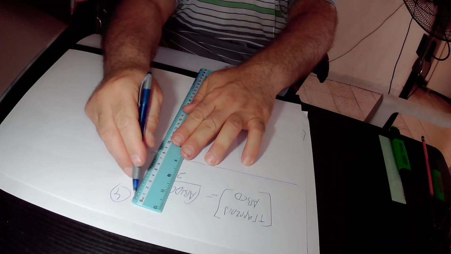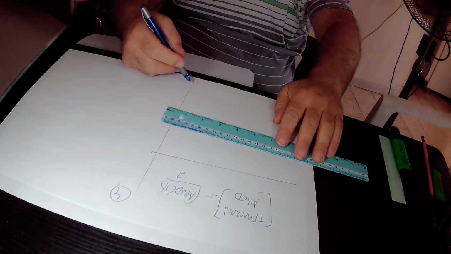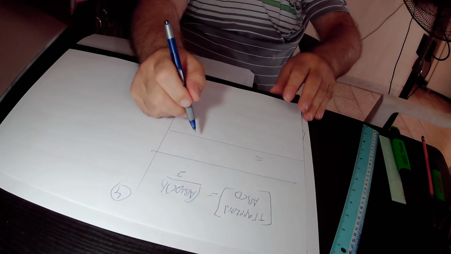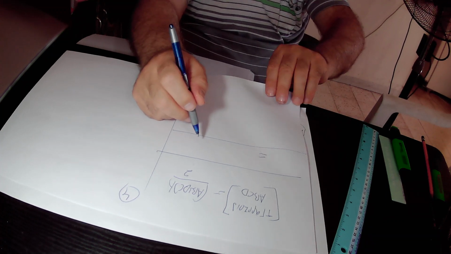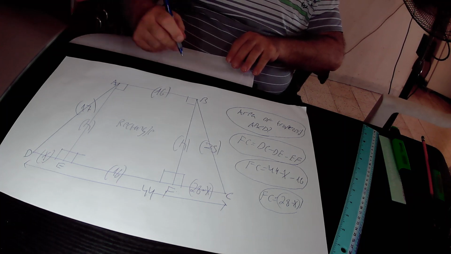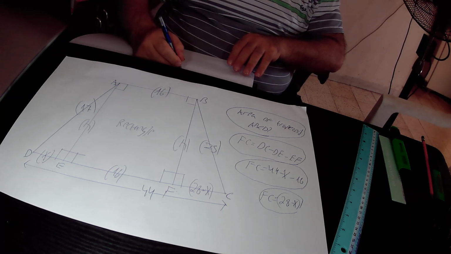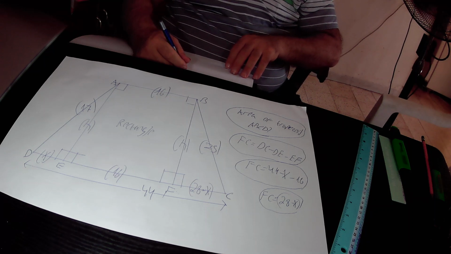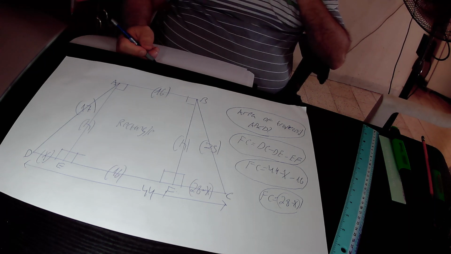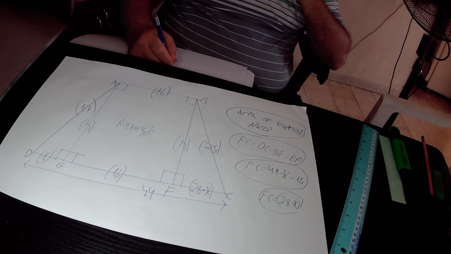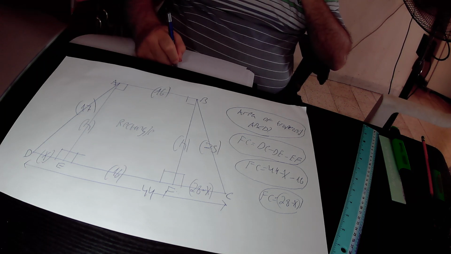So the area of trapezoid ABCD is equal to AB, which is 16, plus DC, which is 44, times the height h, divided by 2.